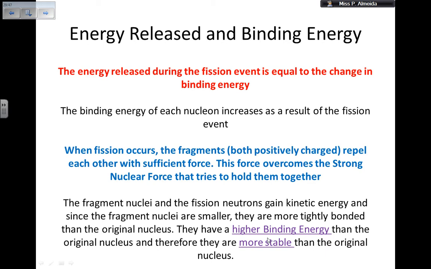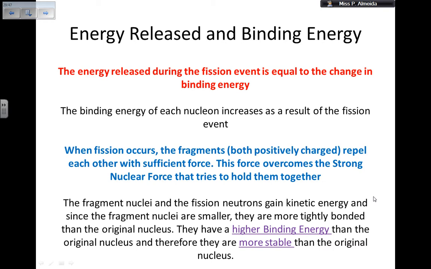So the fragment nuclei and the fission neutrons are going to gain kinetic energy, and since the fragments are now going to be smaller, these fragments are going to be more tightly bonded together than in the original nucleus. So that means that they have a higher binding energy because it's going to be harder for me to separate them further. Okay, so they have a higher binding energy than the original nucleus, and therefore they are more stable than the original nucleus.